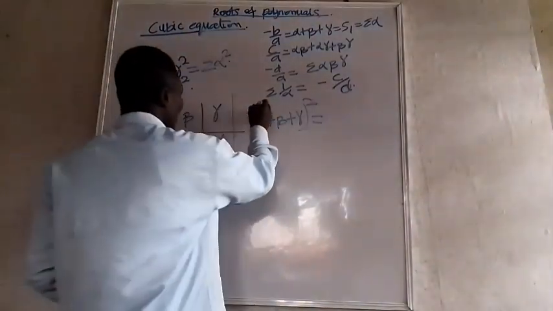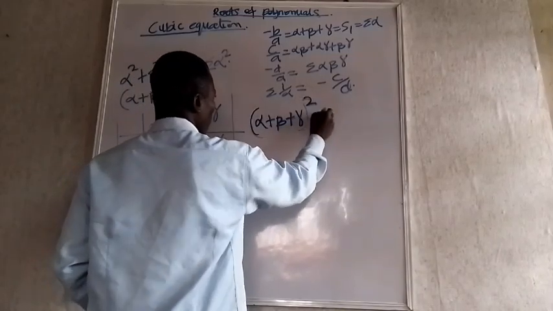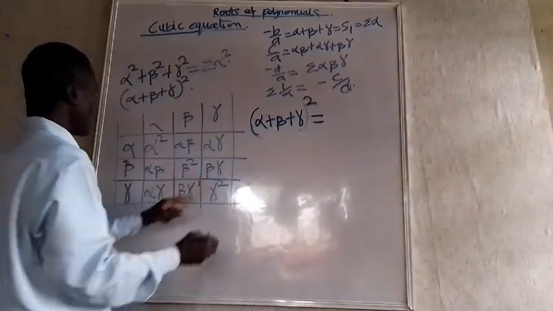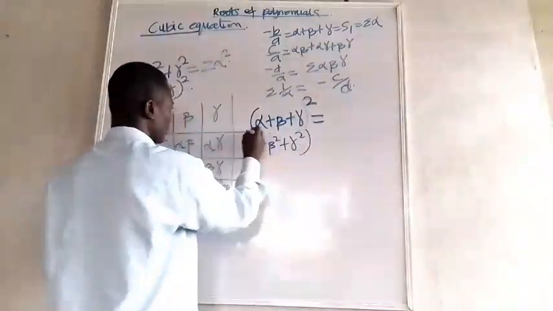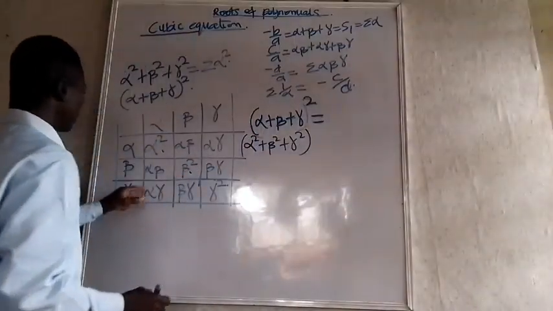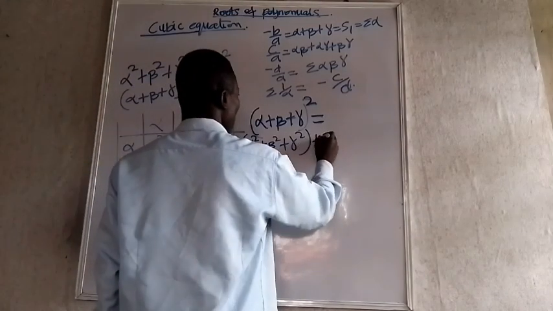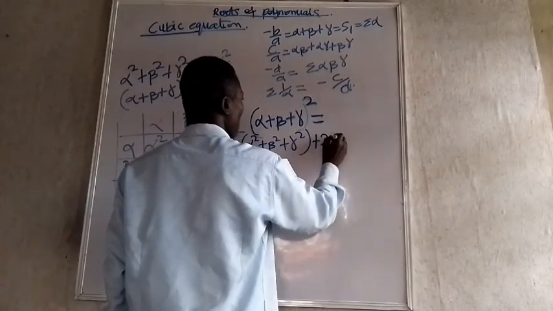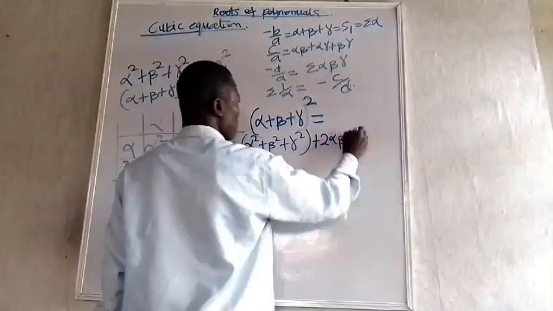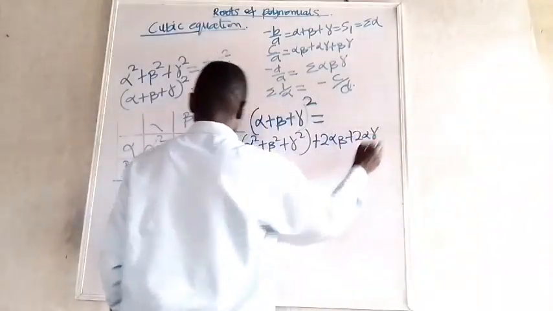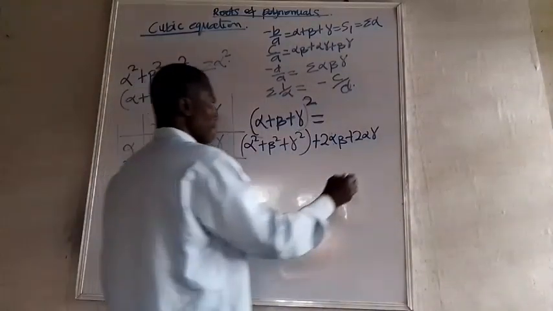So we are going to have it like this. What is it giving us? You can see I have alpha squared plus beta squared plus gamma squared. Now, alpha beta, that is 2 alpha beta. Alpha gamma, alpha gamma. And this one, I have beta gamma, beta gamma.